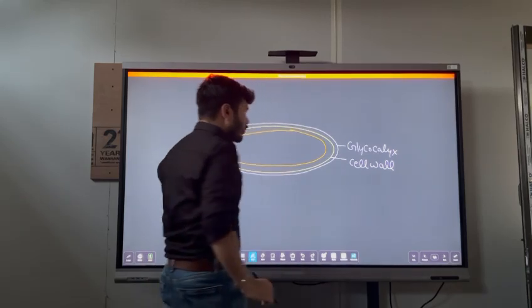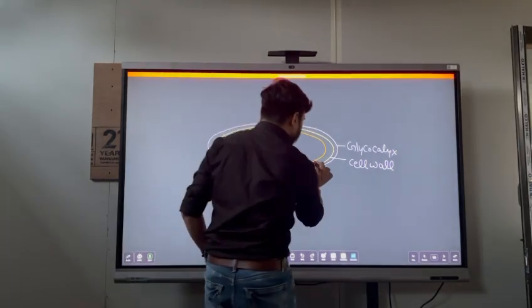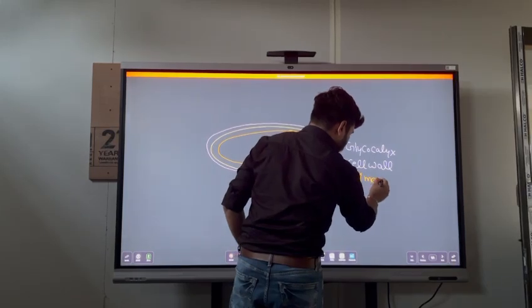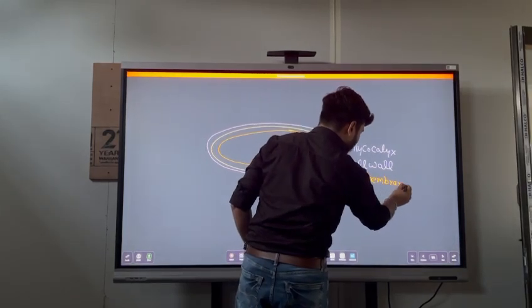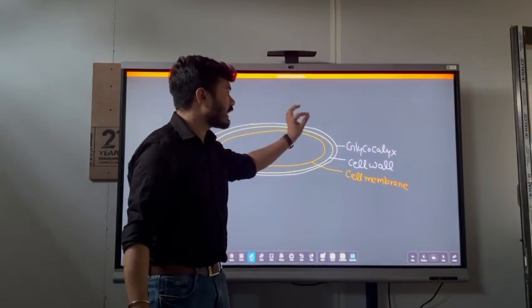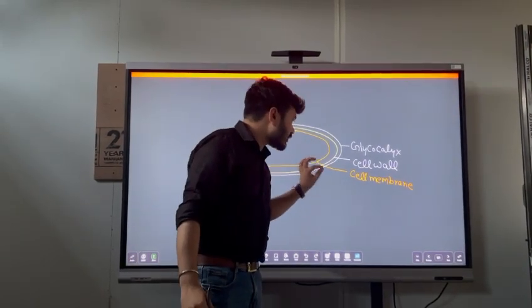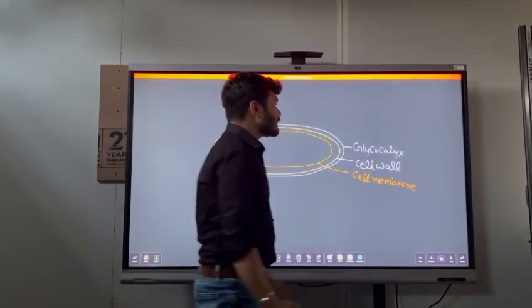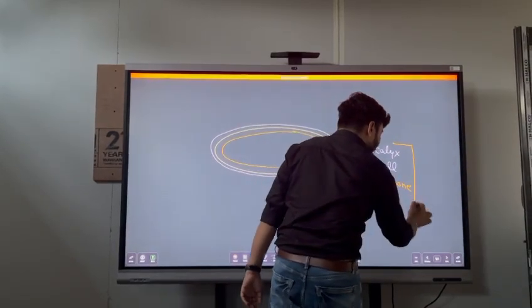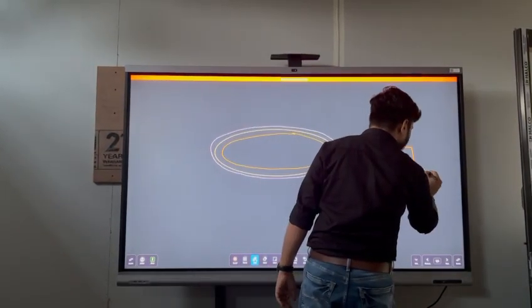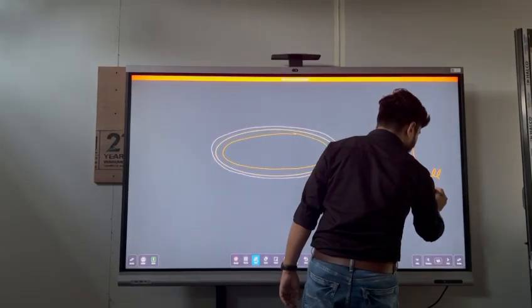Now collectively, the outermost layer glycocalyx, in the middle the cell wall, and the innermost layer the cell membrane, these three layers are collectively known as the cell envelope.